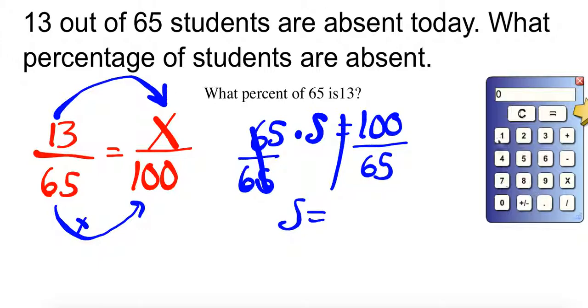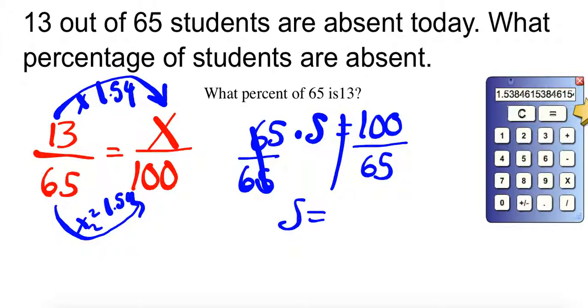Again, we have 100 divided by 65, and that gives me this long decimal. Now I'm going to just say that this is about 1.54, because I'll have to round right here. You see that 8, we know we're going to have to round.